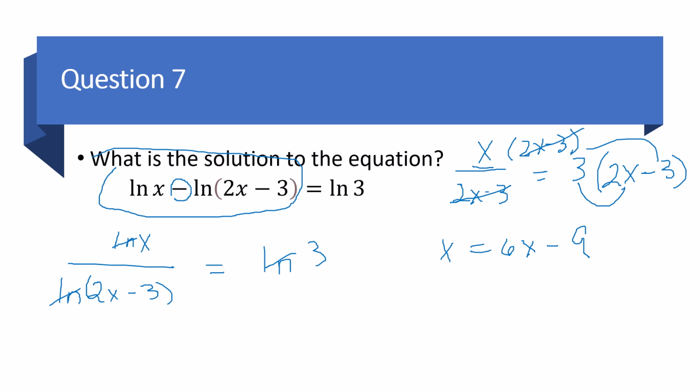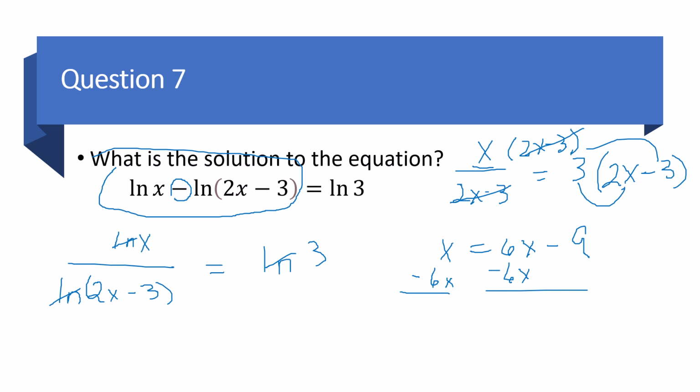All right, continue to solve this. We want to subtract 6x from both sides. You can do it a different way. You can subtract x from both sides, add 9 to both. It doesn't matter where you go from here. As long as you follow the algebraic rules, you'll get the right answer.